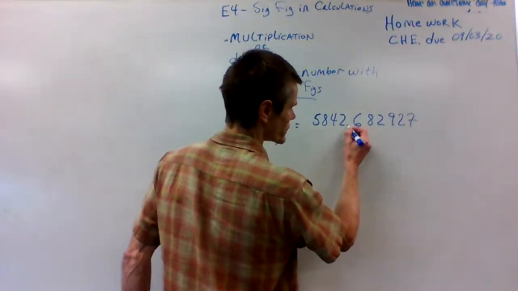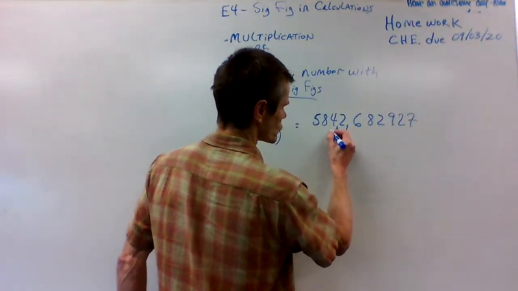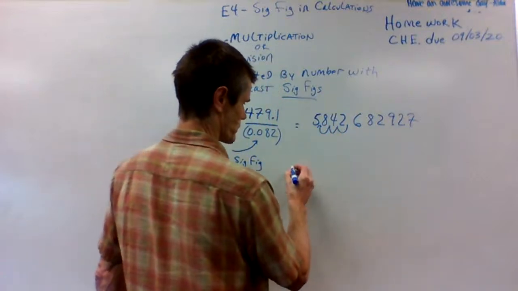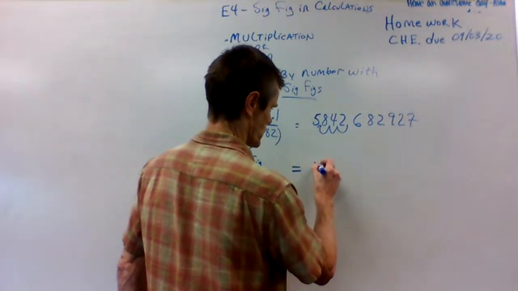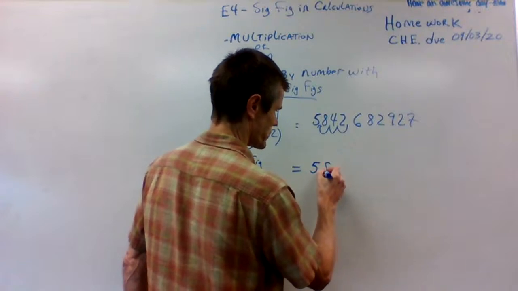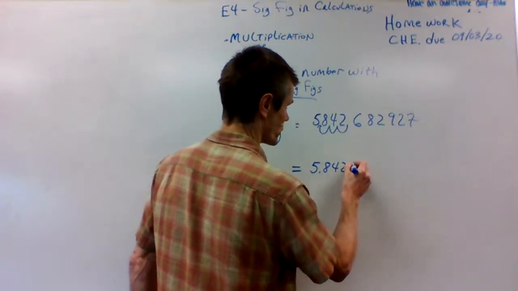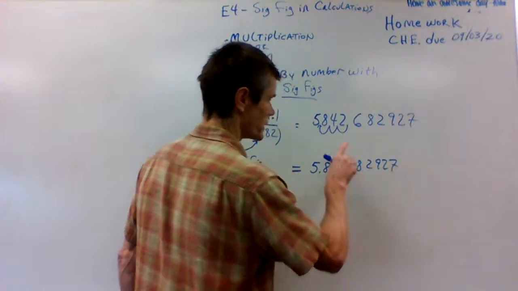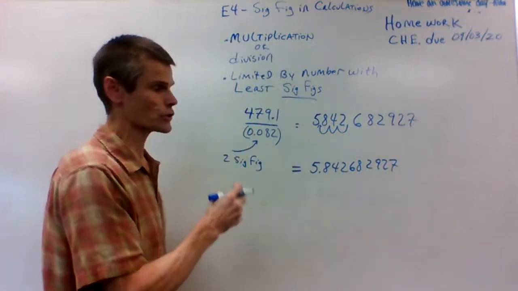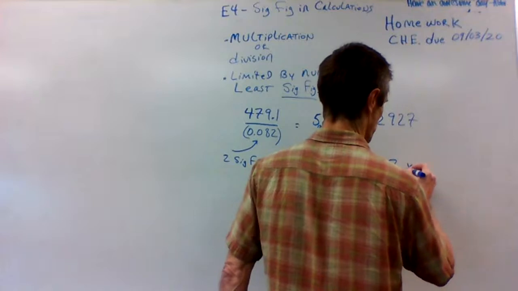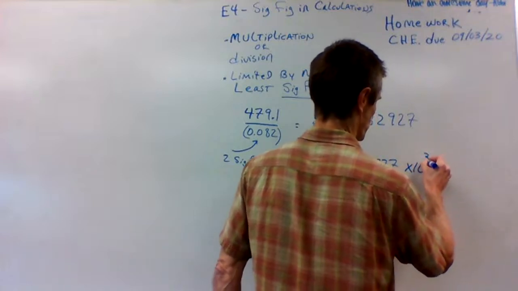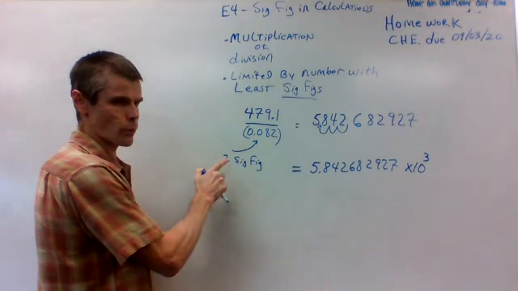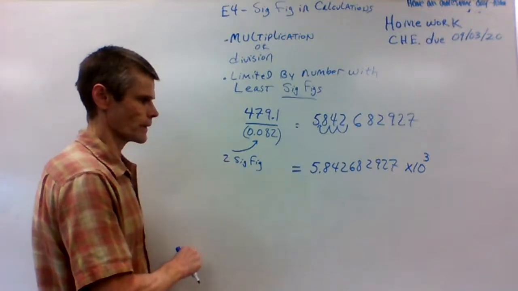So let's go ahead and report this with scientific notation. If we move our decimal 1, 2, 3 positions to the left, 5.842682927. And since we're moving it 3 positions to the left, that would be times 10 to the third. But remember, we're limited to 2 significant figures.